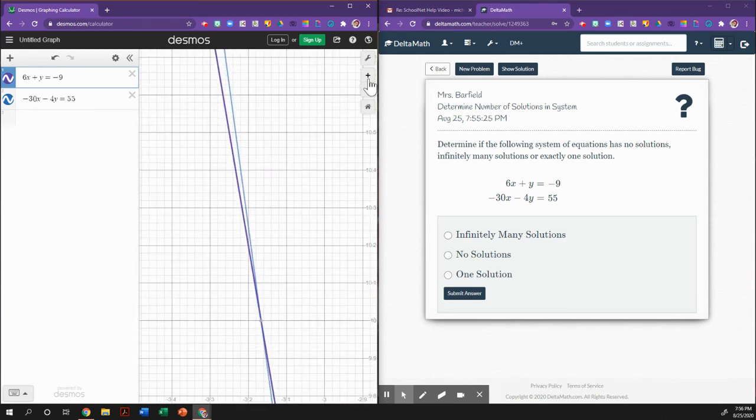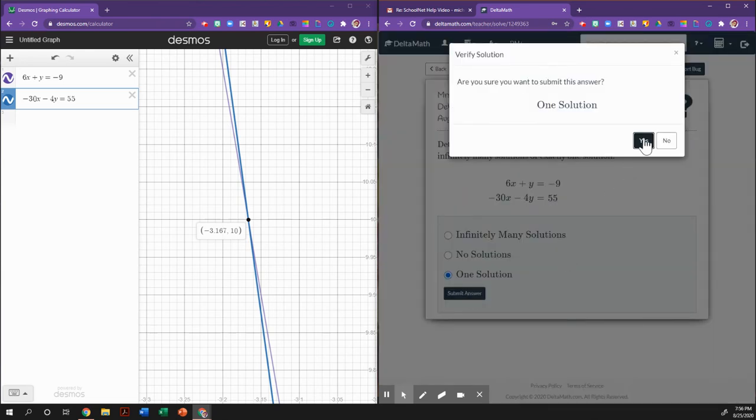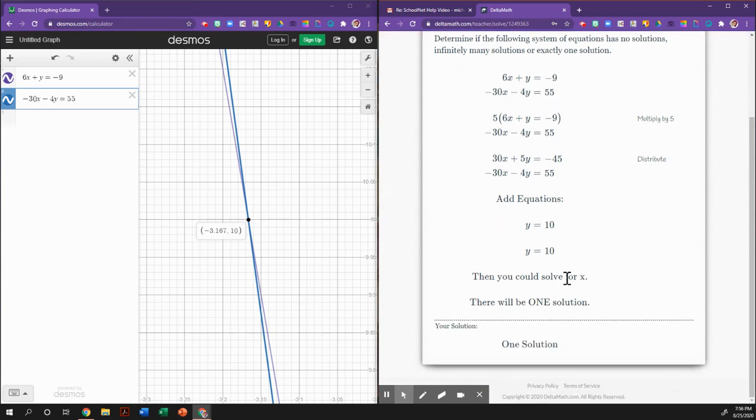If I were to zoom in, even then it's not perfect, but when you click on it, where they cross pops up. So you can see they intersect at one point, and that is one solution. If we wanted to determine that exact solution, that's the exact solution. But in terms of a generic approach, it's one solution. Okay, I need to submit my answer. Yes. And again, there's the algebraic approach.